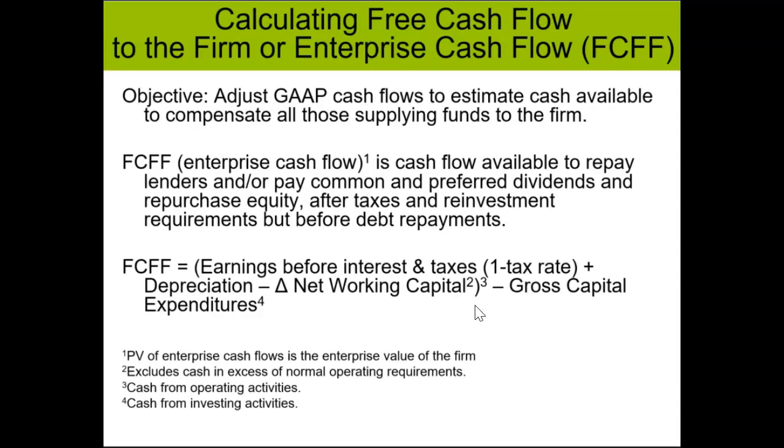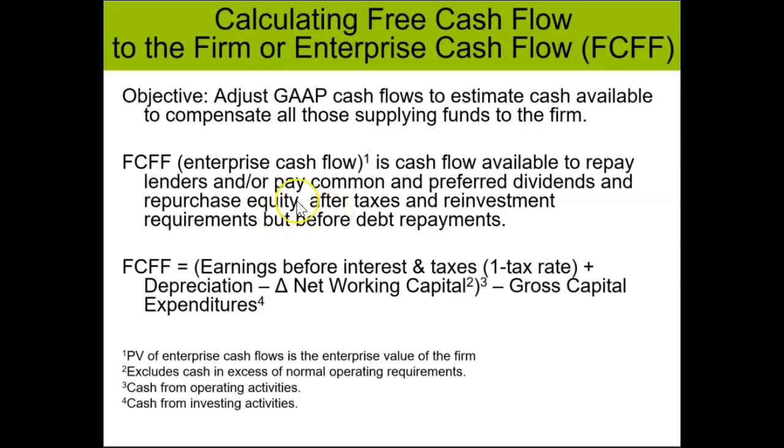In the case of free cash flow to the firm, or the enterprise cash flow, FCFF, we want to know the cash flows available for all the capital providers, that is, to repay lenders, pay common and preferred dividends, and reward the equity shareholders.